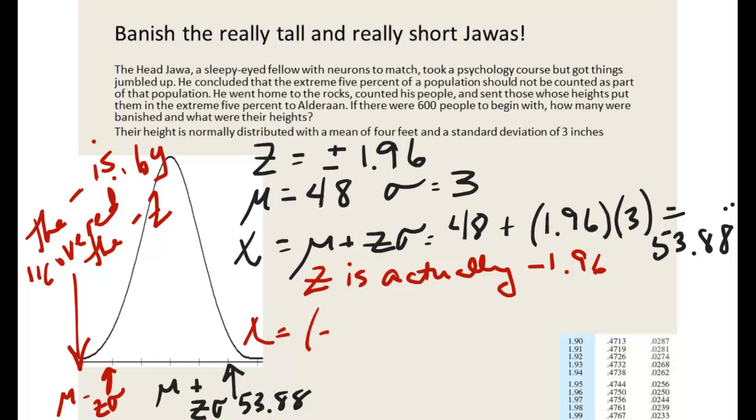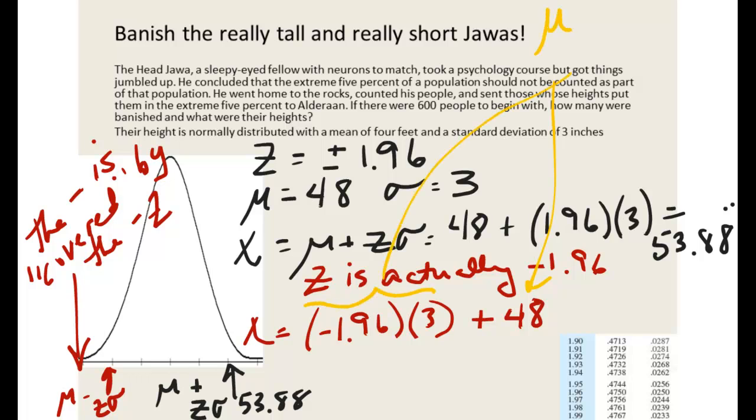The negative is covered by the negative z. As long as you're careful with the z being positive or negative appropriately, and using the equation consistently with a plus between the mu and the z sigma term, you'll be fine. So mu minus z sigma: the minus happens so that it goes to the left, and that minus is accounted for, again, for the 15th time this lecture, by the negative sign.